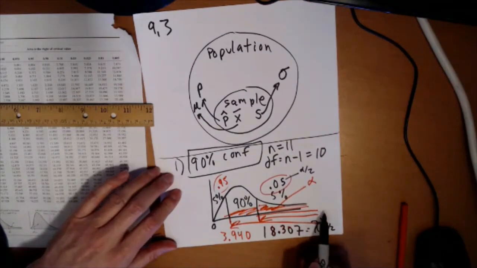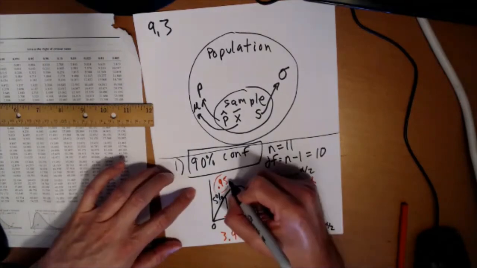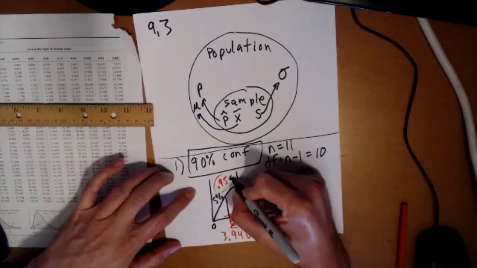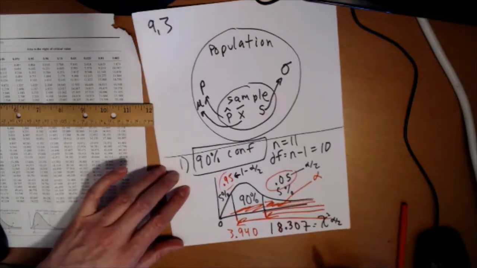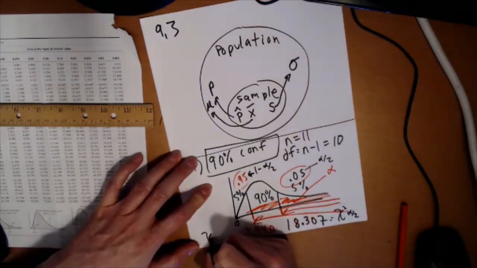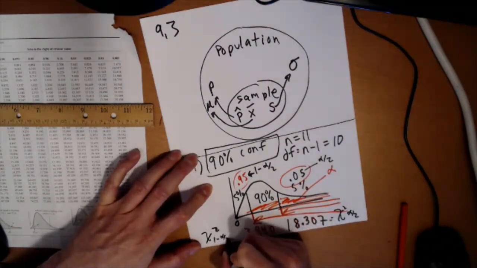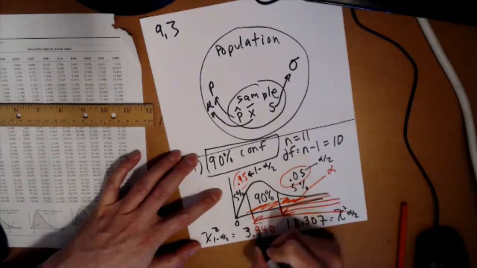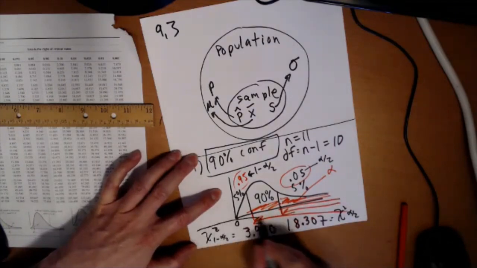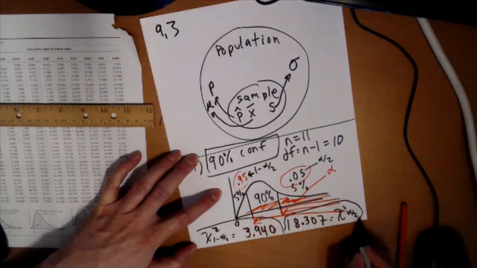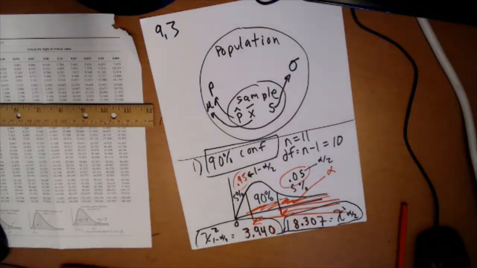And when we went all the way over here, the 5 and the 90 giving us 95, that's technically our 1 minus alpha over 2. So our chi-squared of 1 minus alpha over 2 is equal to 3.940. And those are our answers. I feel like I over-explained that. Okay, great.